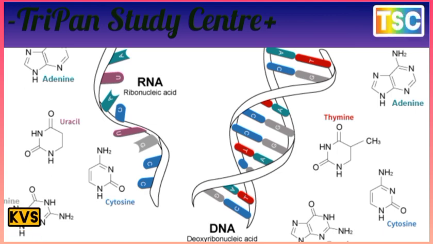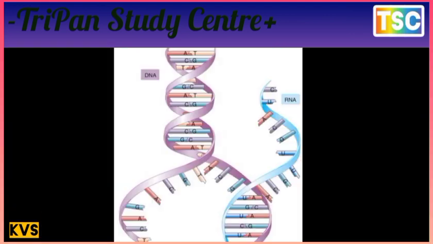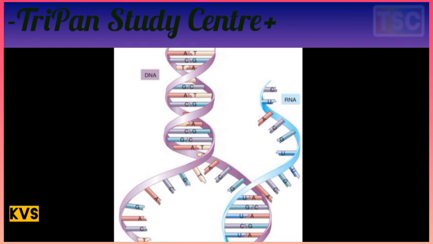Why single? Let's see another picture here. On your screen, there is a most important picture here. You know that. Clear your mind. The DNA here, RNA here, part of DNA. They are attached to each other, but the upper side is separate.